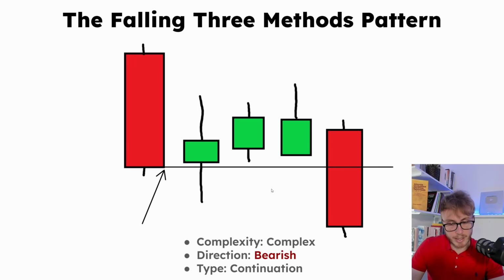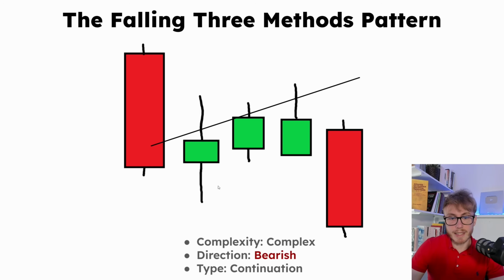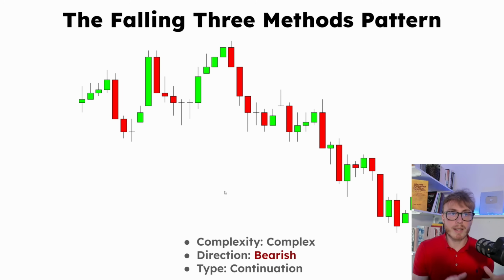In this particular example, we got a candle close far below the close of the first candle, so that is a very good sign. This final red candle indicates that this pullback is over and that we are likely to see a continuation to the downside. Alright, so now let's take a look at the following 3 methods in a real market.